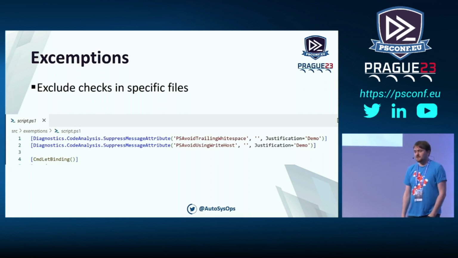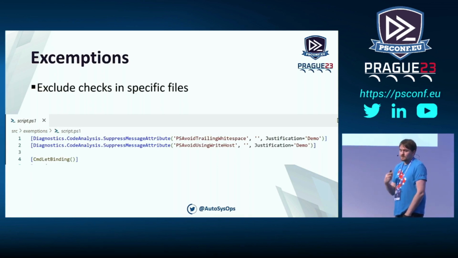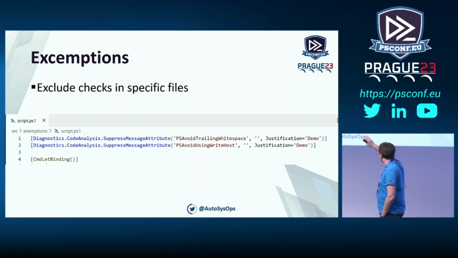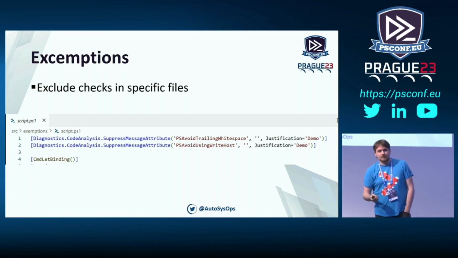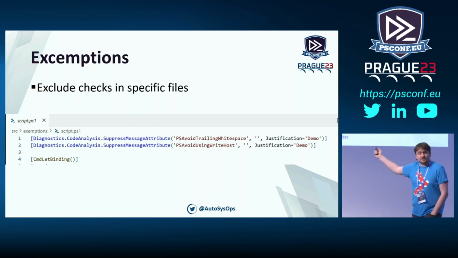It might happen that you're making a script, and in this script you're having several different errors shown by Script Analyzer. Some of them you might not agree with, for example Write-Host.